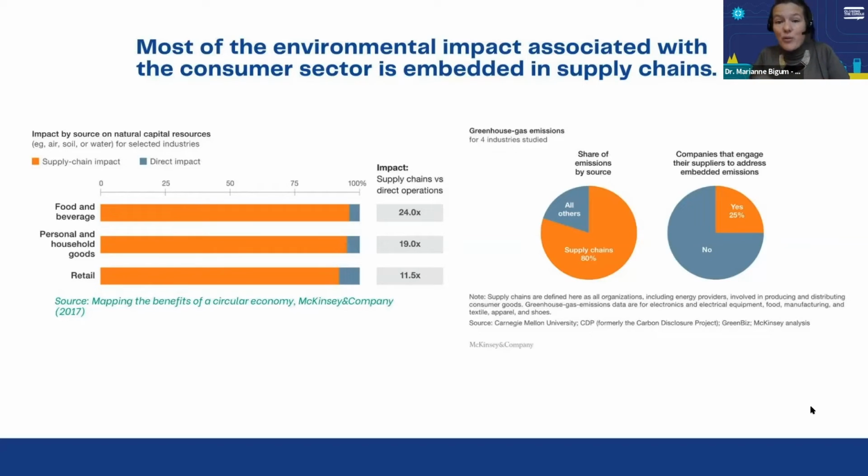However, looking at the other one with the majority of the pie being blue, it says companies that engage their suppliers to address embedded emissions. And we see that 2/3 of that, 75%, are not tackling this issue by talking to the suppliers. So we really need a change in mindset and a change of focus. I can very much highlight that the issue is not on the consumer, it really is on the financial model and on the industries that we need to be working together with when we want to tackle this.